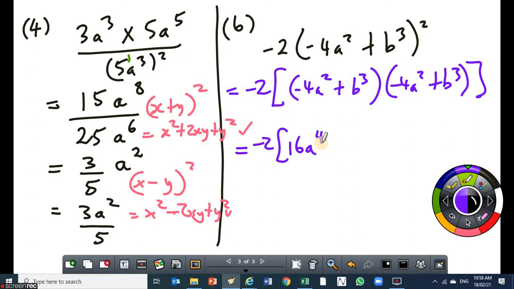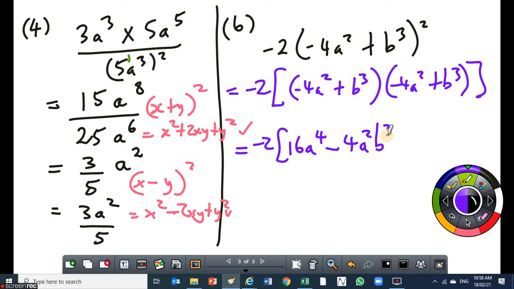Remember, if you're multiplying bases that are similar, you add the exponents. Then minus 4a squared times b cubed gives minus 4a squared b cubed. Okay, so I'm done multiplying this minus 4a squared by these 2.